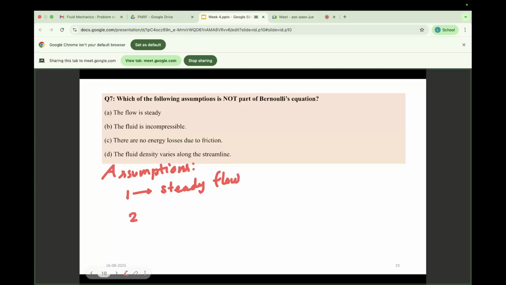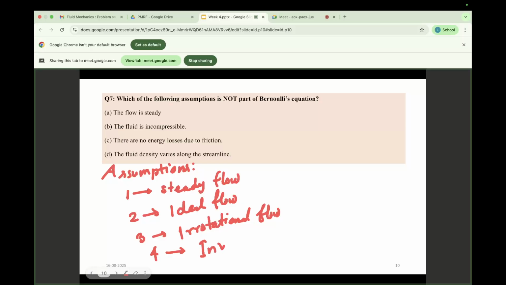I am explaining each and every term after writing this. Next is an ideal flow. The third is irrotational flow. Fourth is an inviscid fluid.